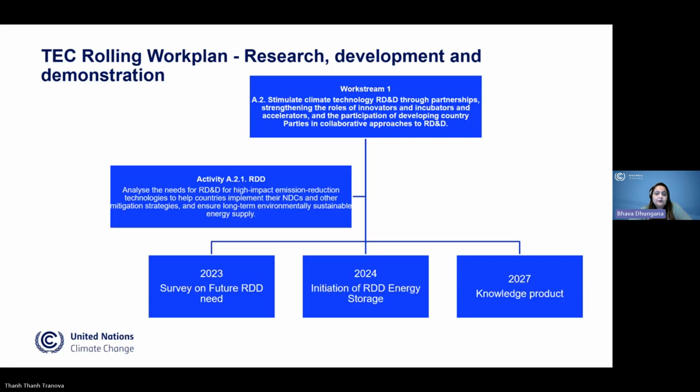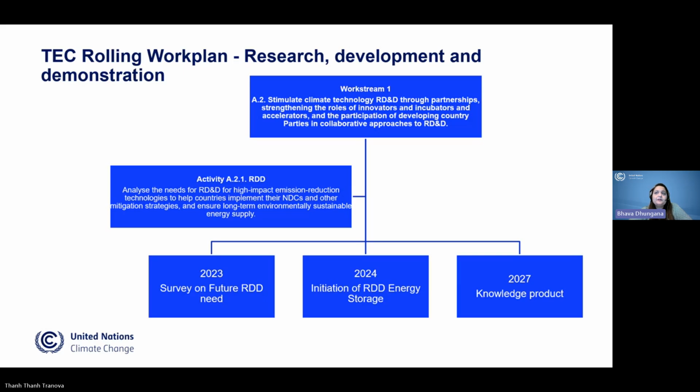So the TEC has a rolling work program which runs from 2023 until 2025. It has 4 different work streams, and the first work stream is on national systems of innovation, collaborative RD&D, and general purpose technologies.